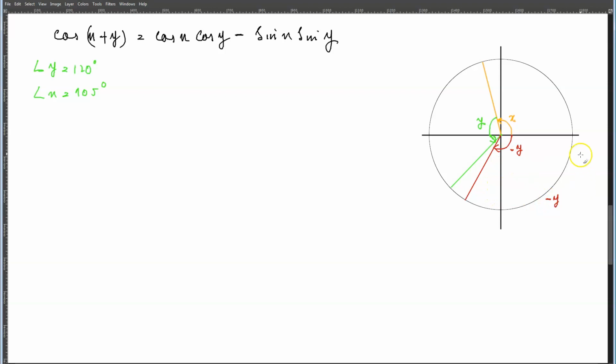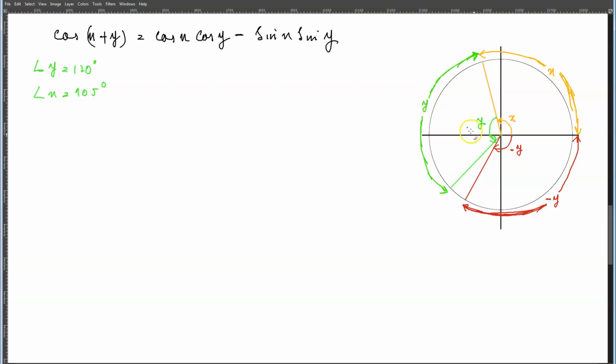So this angle over here is negative y, starting from here, going all the way up to here. And this angle over here is x. And then we have the angle y over here, which is basically this angle. Right, so this is y.